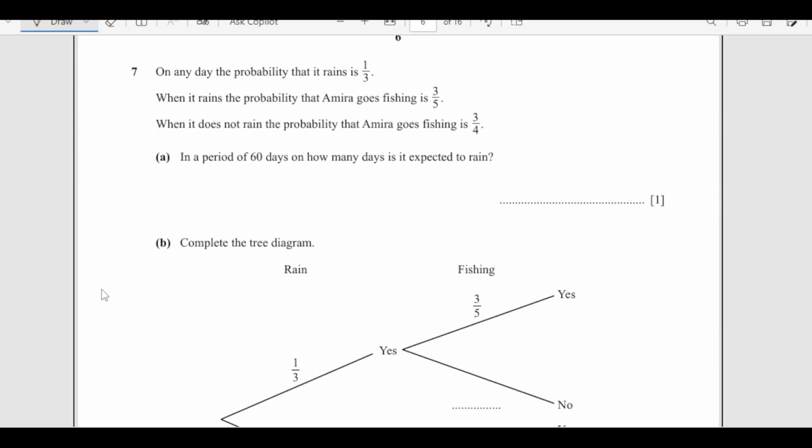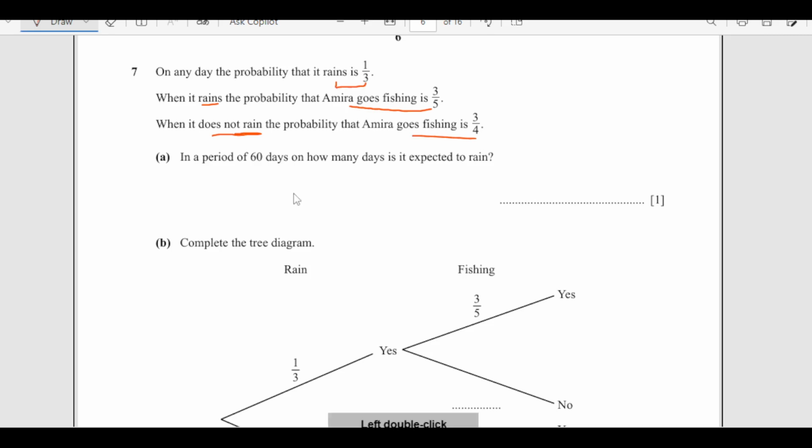Now next one, here we have a question from probability. On any day the probability that it rains is 1 over 3. When it rains, the probability Amira goes for fishing is 3 by 5. When it does not rain, the probability that Amira goes for fishing is 3 by 4, right?